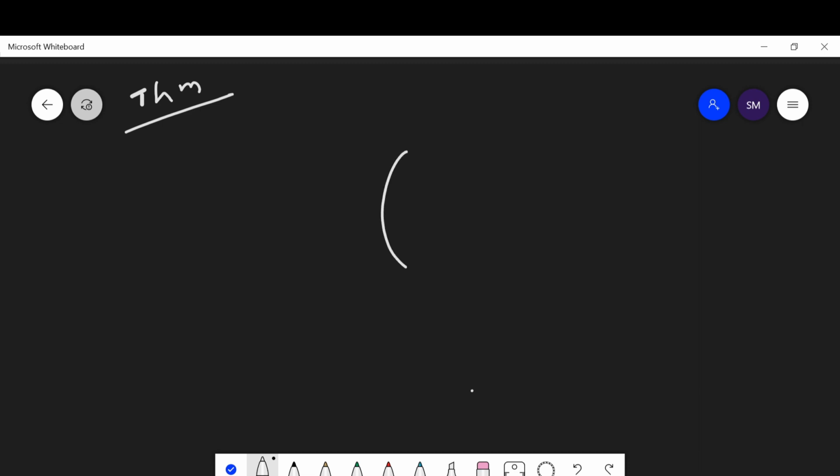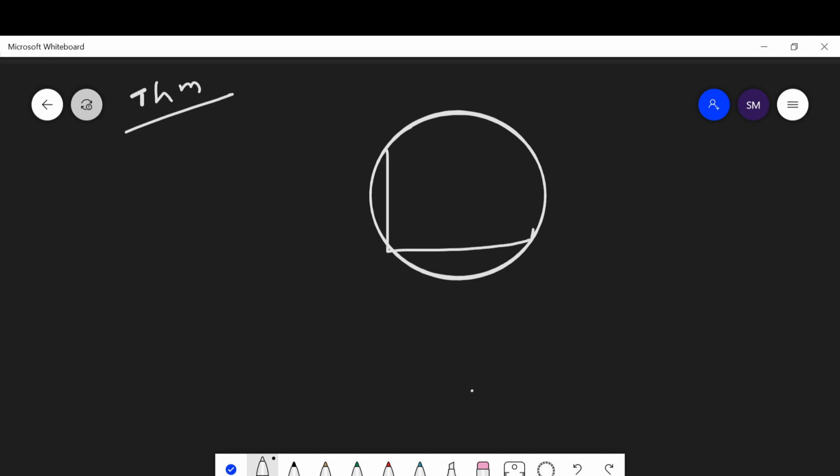This means if C is the circle and ABCD is a quadrilateral inscribed inside the circle, the quadrilateral is said to be cyclic, where all four vertices A, B, C and D lie on the same circle.